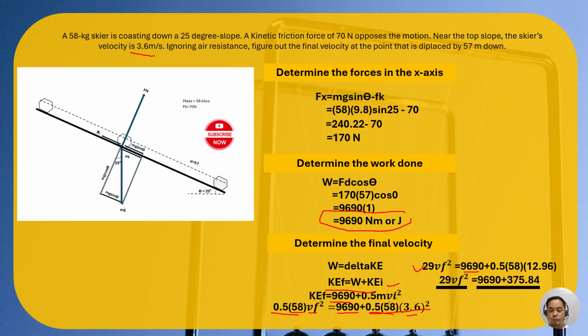And we will add it to the work that we calculated a while ago, 9,690. It will give us a value of 10,065.84. I never put it there, but yeah, you can just add it. You will arrive at that sum.